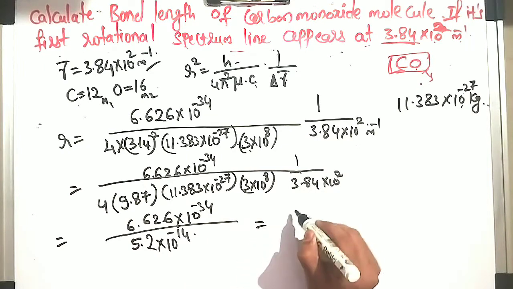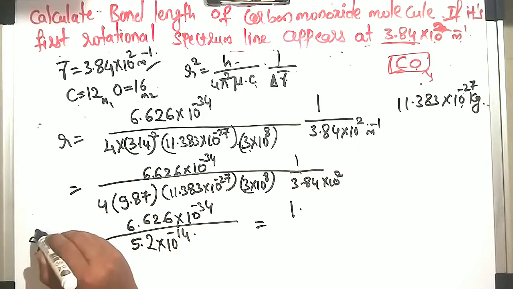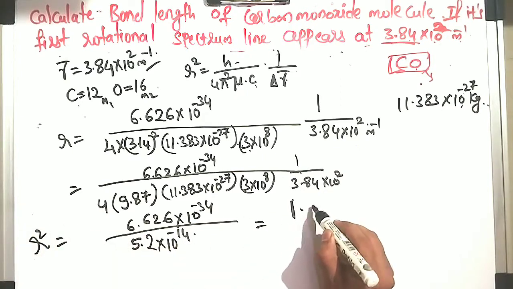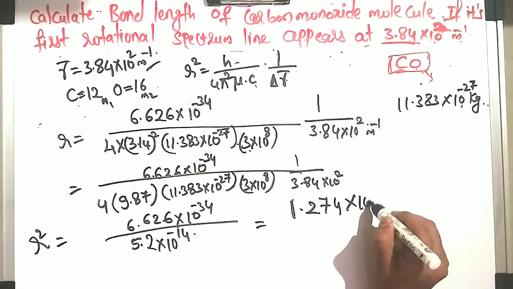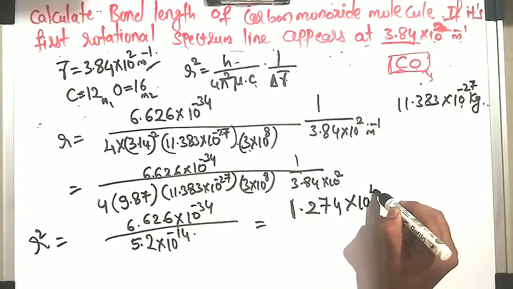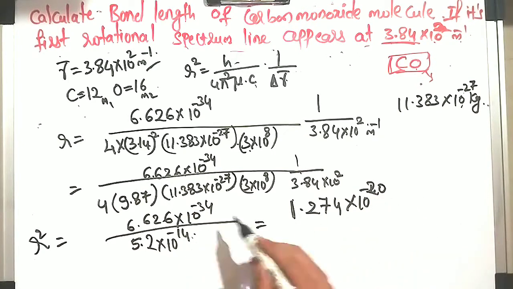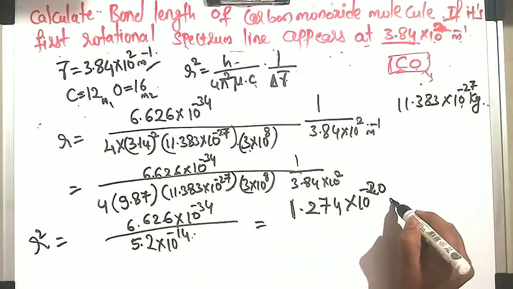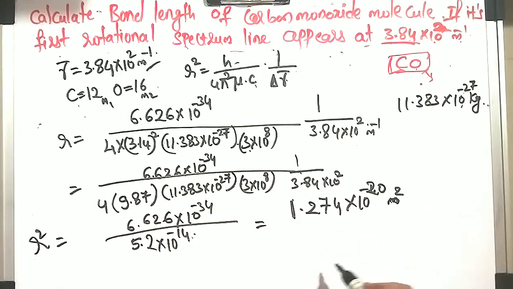Okay, the final answer we get here, that is r square, will be 1.274 into 10 to the power of minus 20. Okay, this is in meter square.